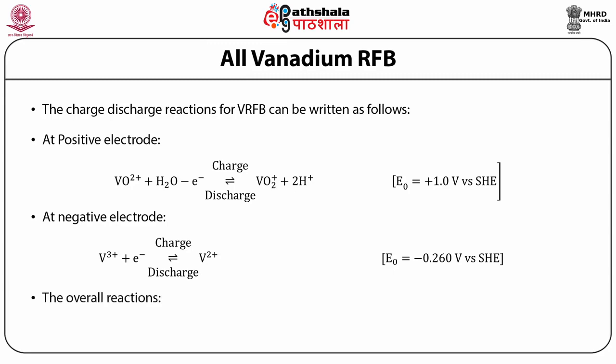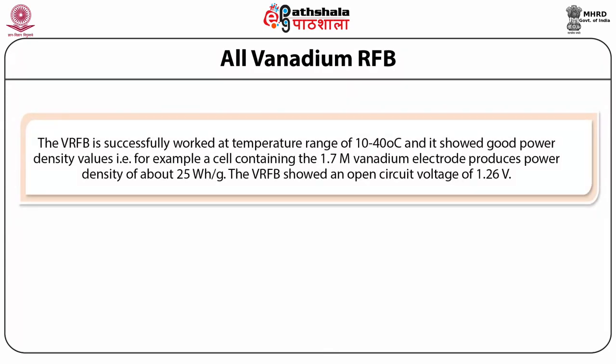Now the overall reaction will become VO2+ + V3+ + H2O charges or discharges to give VO2+ + V2+ + 2H+. The VRFB is successfully worked at a temperature range of 10 to 40 degrees Celsius and it showed good power density values.